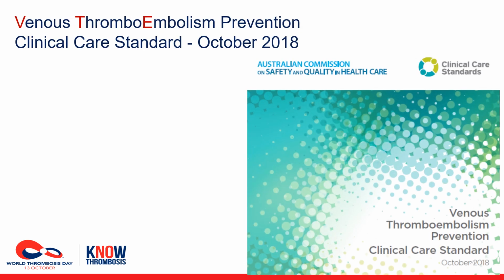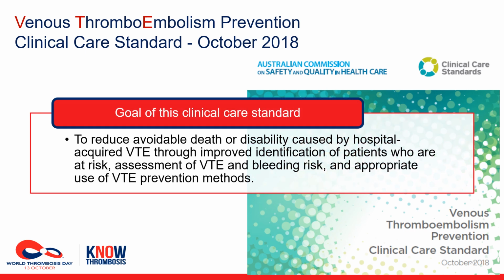So the Australian Commission on Safety and Quality in Health Care certainly deemed VTE prevention to be important and released the VTE clinical care standard this time last year, and the major goal of this standard is to reduce the avoidable death or disability caused by hospital-acquired VTE.